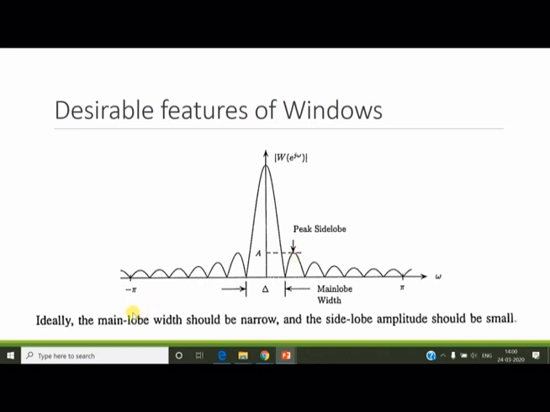It is desired that the main lobe width should be as narrow as possible, which in turn makes the transition width of the filter response narrow. Similarly, the side lobe amplitude should be smaller in height so that it provides the maximum attenuation.